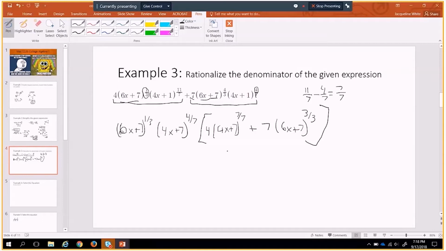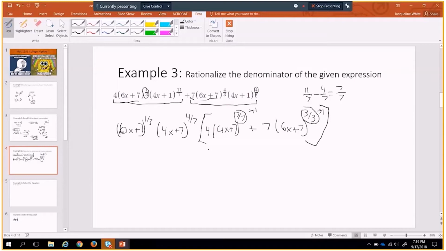All right, so something nice happens in the fact that 4x plus 1 to the 7 over 7, if we simplify this, and also 6x plus 7 to the 3 over 3, if we simplify these, that just turns into a first power. And what do we know about first powers is that anything to the first power is itself.